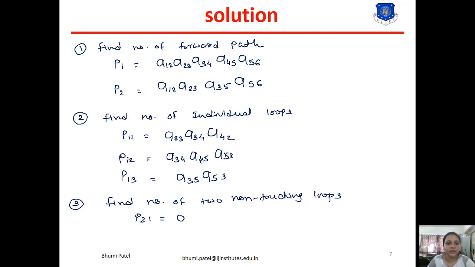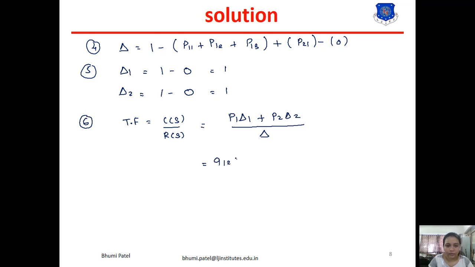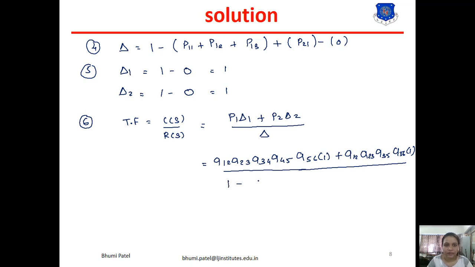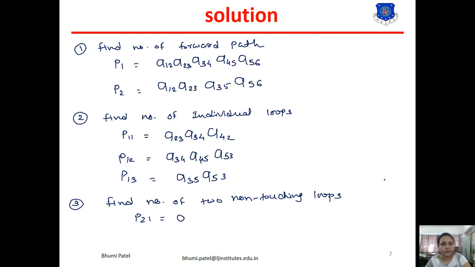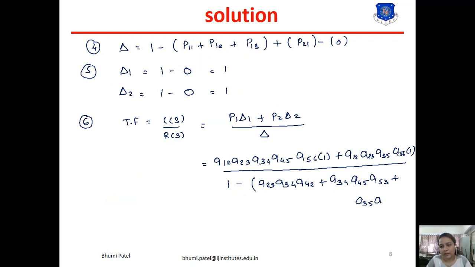So P1 is equal to a12, a23, a34, a45, a56 and delta 1 is equal to 1, plus P2 is equal to a12, a23, a35, a56 into 1, and delta is equal to 1 minus P11, which is a23, a34, a42 plus a34, a45, a53 plus a35 and a53.